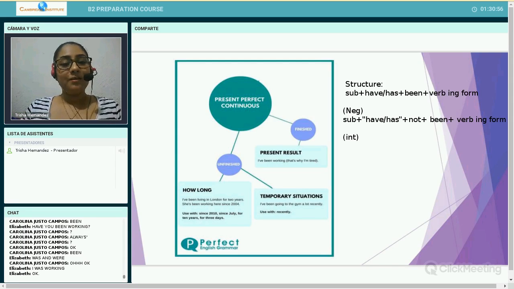You see? It's the result that you can feel, hear, or see in the present. I've been running, I'm really hot. It's been raining, so the pavement is wet. The present perfect simple has a very similar use, which focuses on the result of the action, whereas the present perfect continuous focuses on the action itself.